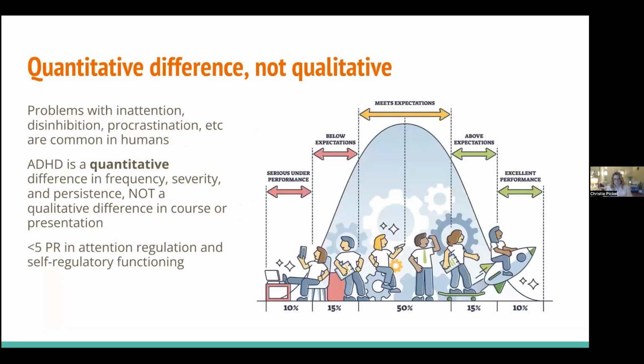One thing I wanted to note, and this goes back to earlier when I said these look like common things for teens in general. These kinds of symptoms, difficulty concentrating, disorganization, forgetfulness, procrastination, are really common in human experience, right? They're part of being human.